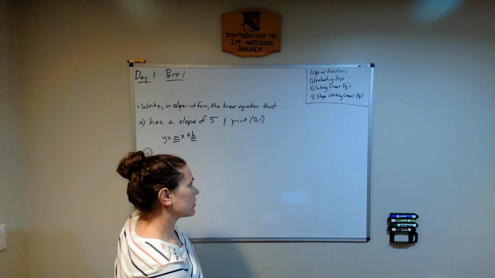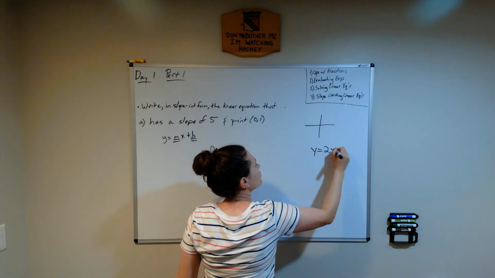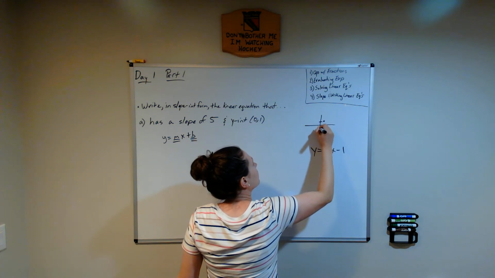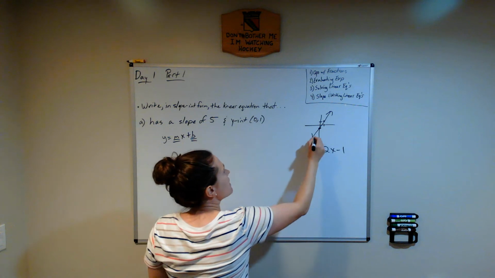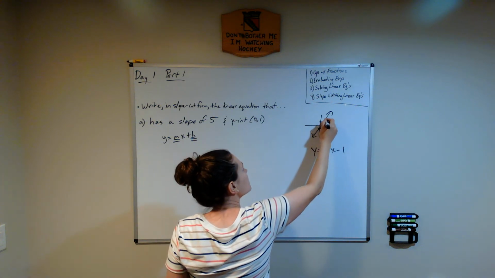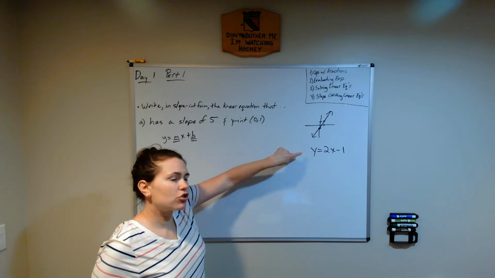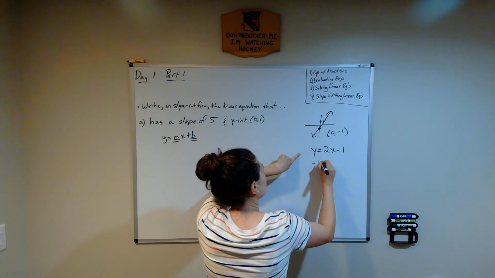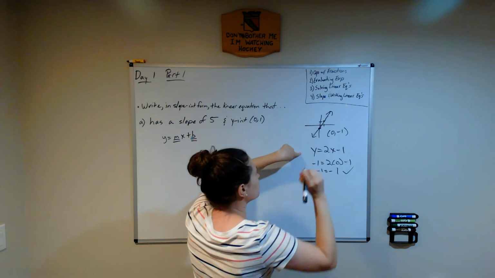Now, things to remember. When I graph y equals 2x minus 1, all of the points that make up this infinite line, all of these infinite points, make this equation true. If I was to plug in (0, -1), I get a true statement.